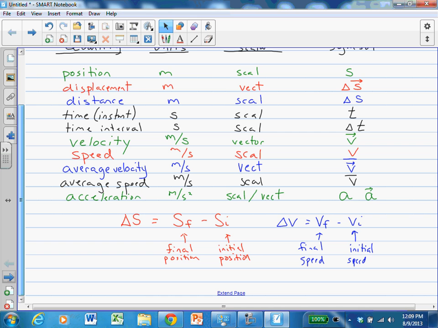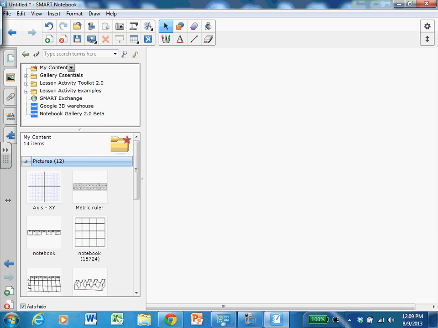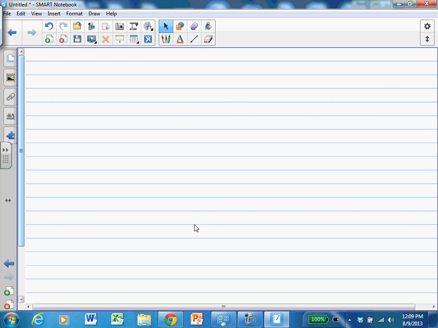So now mathematically, we can define some of these values, average velocity and the like. So, math definitions.